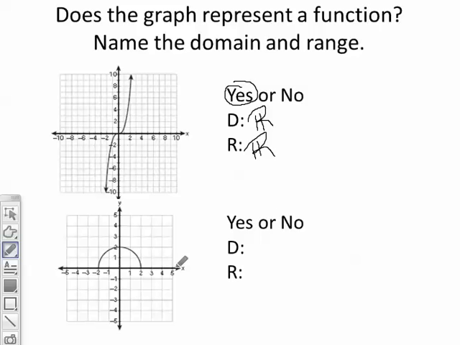You know what? No arrows. This is the first time we've seen one with no arrows on it. That means my domain is a limited number here. It's going to go from -2 greater than or equal to x greater than or equal to 2.